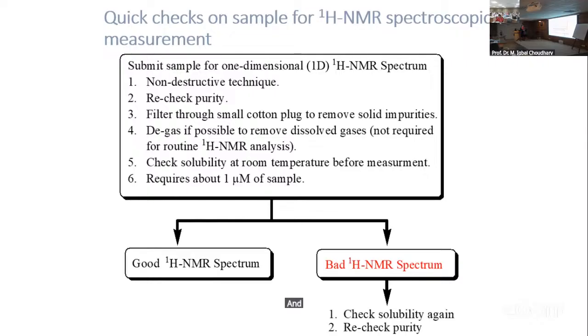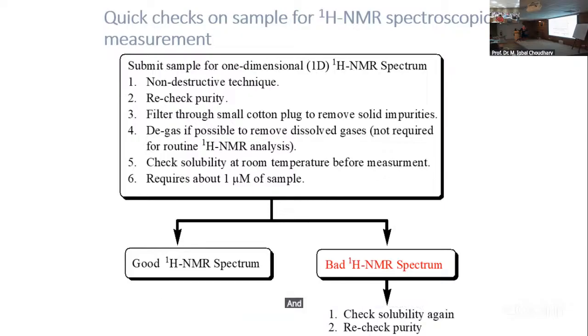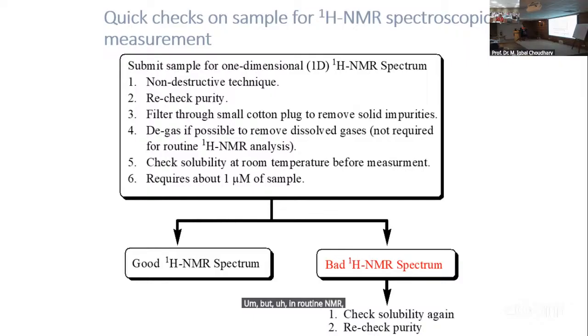It's again a non-destructive technique, and you need to recheck and be careful about your purity. There should be no solid particle in it, and degas if possible to remove dissolved oxygen. In routine proton NMR it is not required, but for NOE, we have to degas the sample.